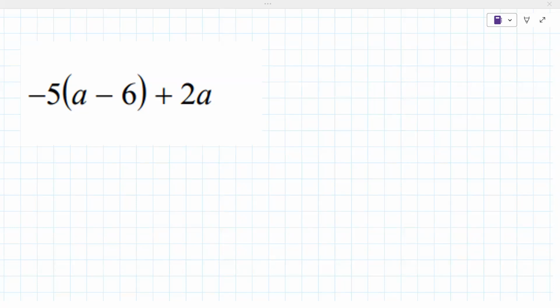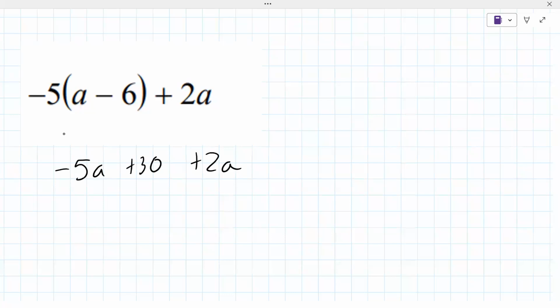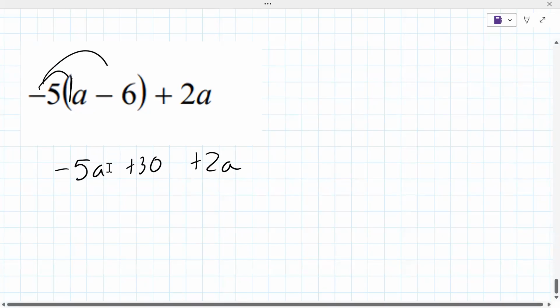Would it be 7a minus 30? So you're close here. It's -5a plus 30 plus 2a. So there, it's really that 1a in there. So -5 times 1a is -5a. And then -5 times -6 is +30.